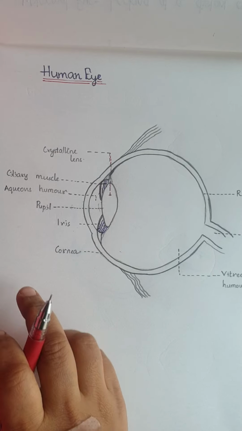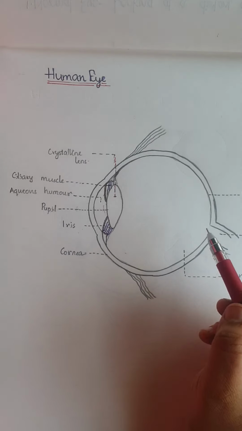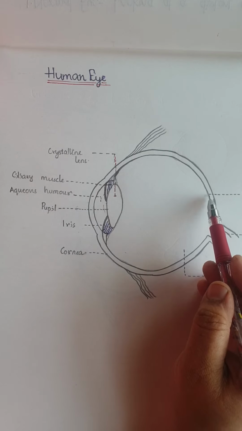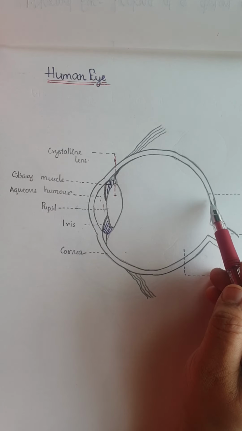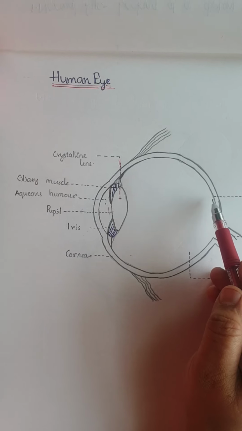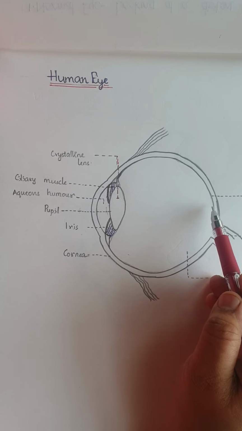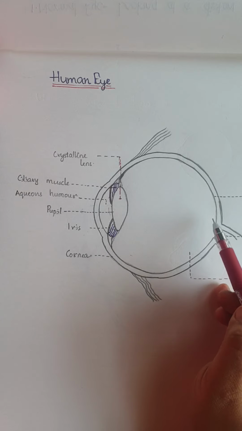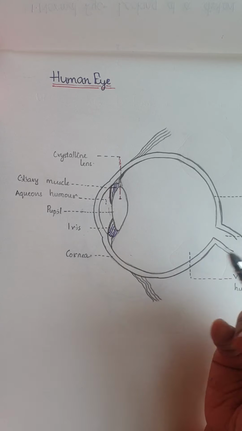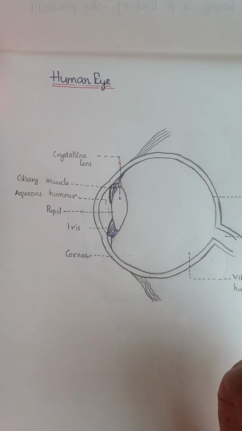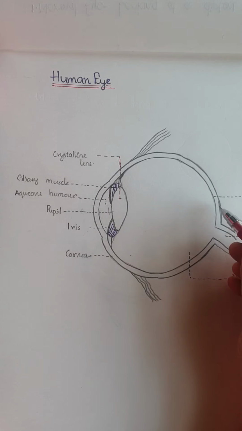Okay. When the light falls on these cells, cone cells and rod cells, what will happen? These cells get activated and generate electric signals. These electric signals are then sent to the brain through optic nerves.